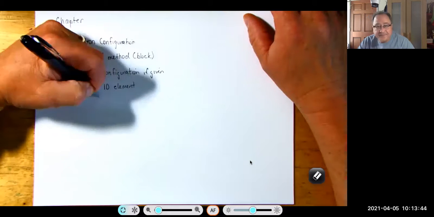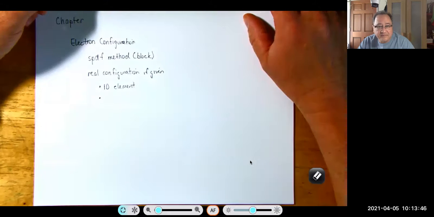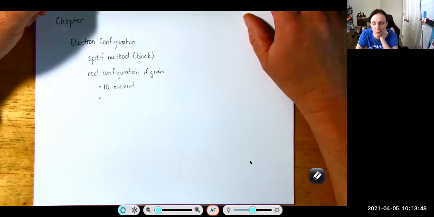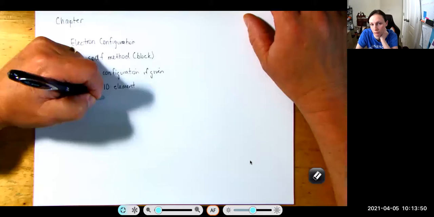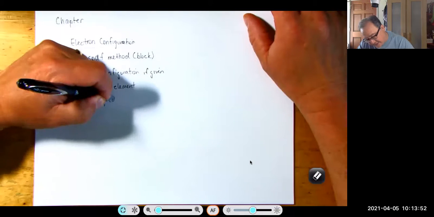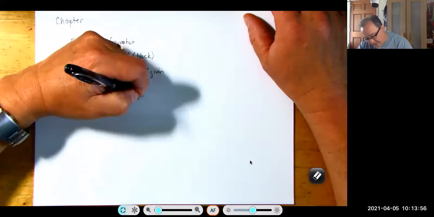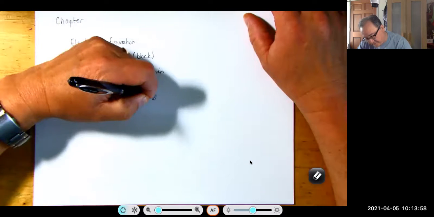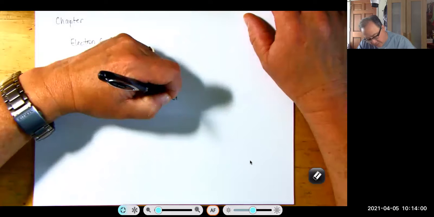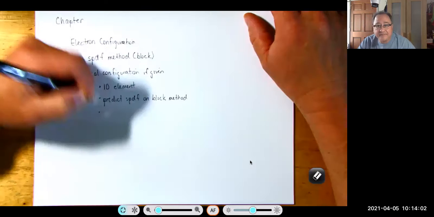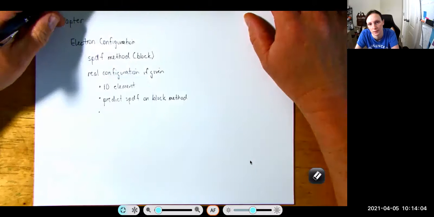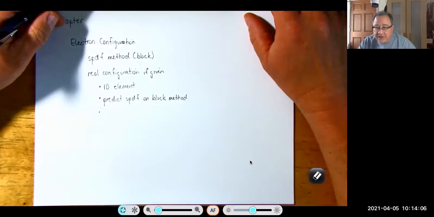What else? Predict the SPDF on the block method. And what else? You should be able to give a reasonable explanation for why they're different.